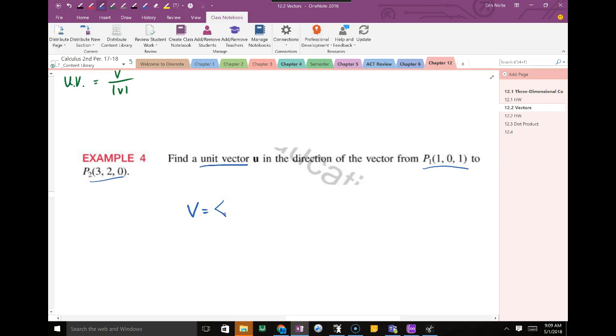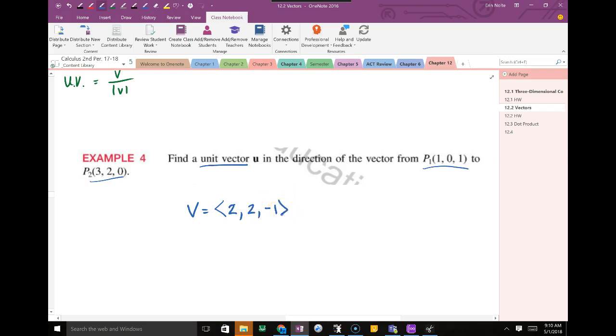Initial is P1. So I'm just going to subtract each of the corresponding values. I'm subtracting my x's, subtracting my y's, subtracting my z's. So for my x, I'm going from 1 to 3, so my distance is going to be 3 minus 1, which is 2. And then 2 minus 0, and 0 minus 1. Does everybody follow that? Okay, so there's my vector.